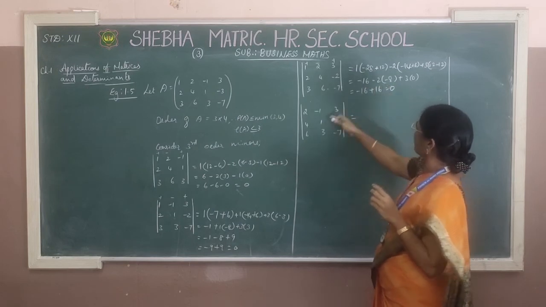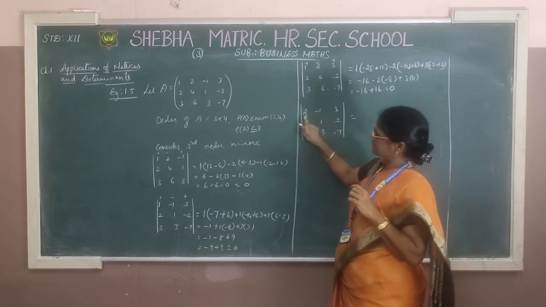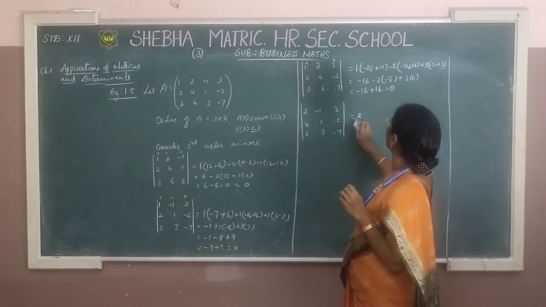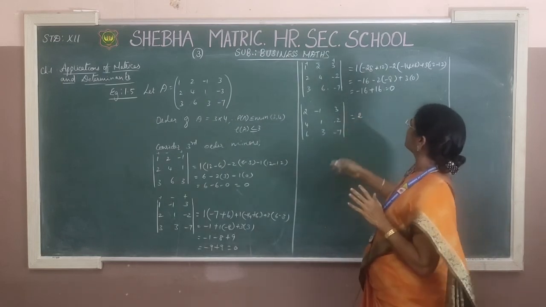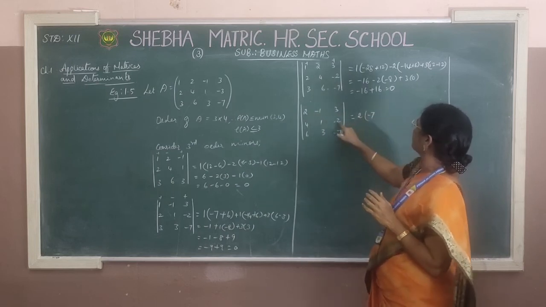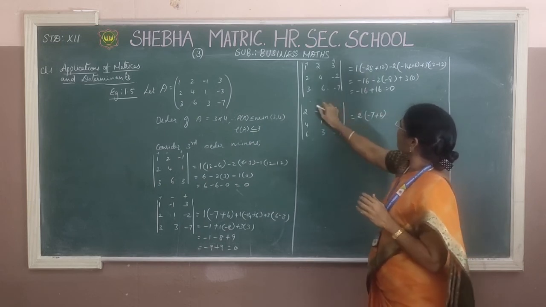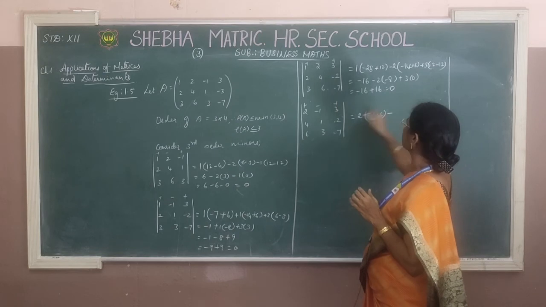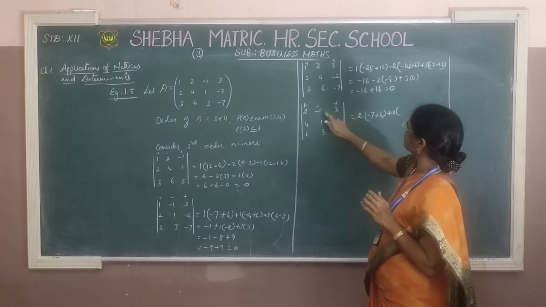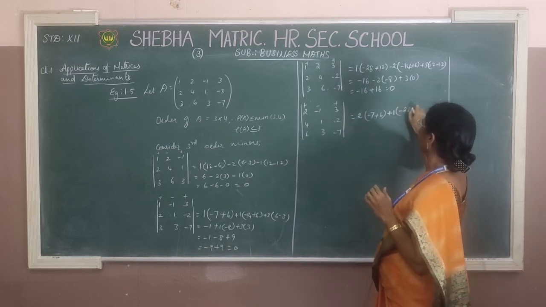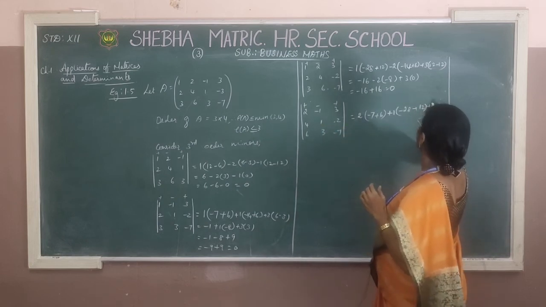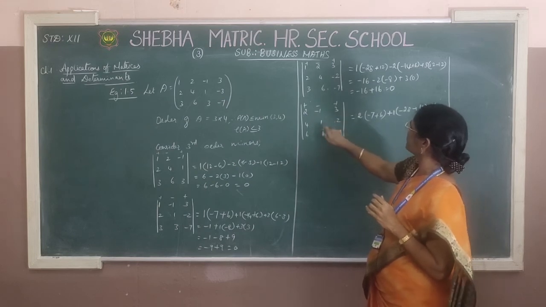Next check the last third order minor, which is formed by the second, third and fourth columns. Similarly you have to find the value of this determinant. First write 2 into, we get 1 into minus 7, 3 2s are 6, so plus 6 will come. Next minus, and already given minus sign, so it became plus 1 into, minus 28 plus 6 2s are 12, minus 28 plus 12, plus 3 into, leaving these two, 4 3s are 12 minus 6.